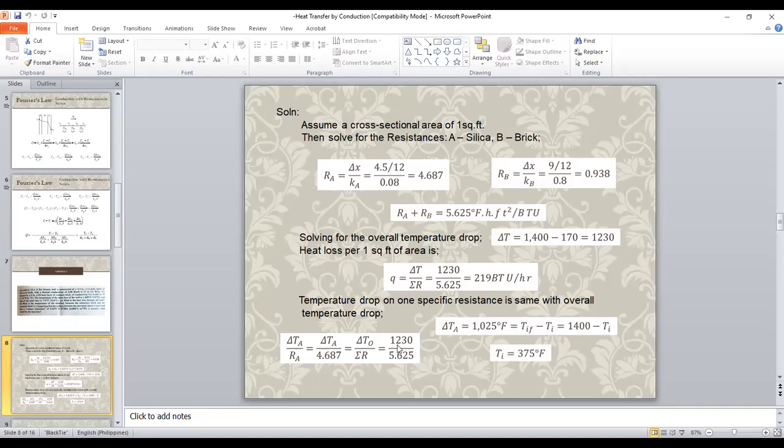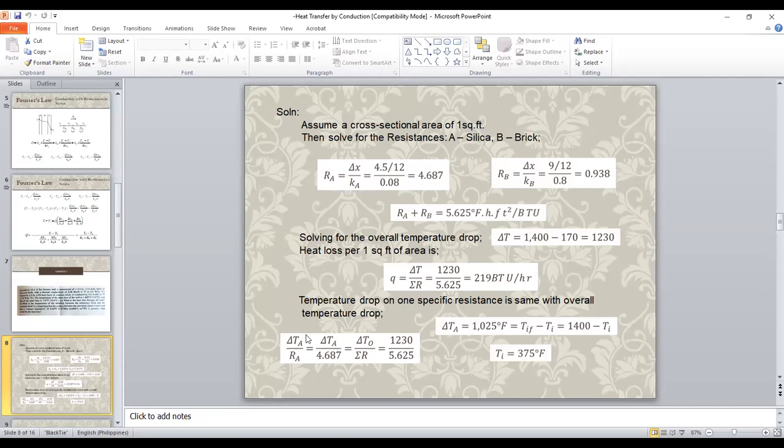So we have 1,230 for the overall driving force, the delta T, and we have 5.625 for the summation of the resistances, and we equate that to the resistance only of the single-cell brick, which is 4.687, and we will get the temperature drop within the single-cell brick only.